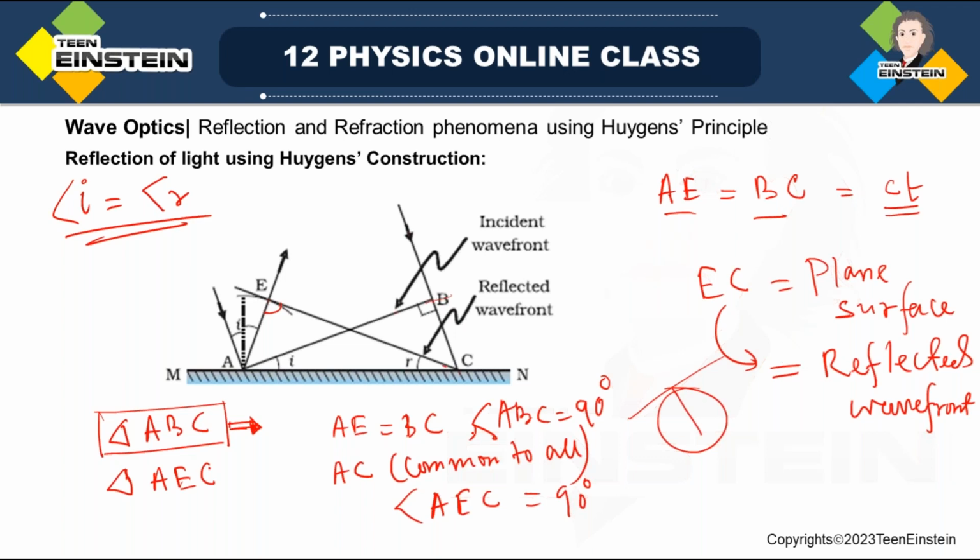All right. So we have two sides of these two triangles, and this angle and this angle are equal to each other. So we can say these two triangles ABC and AEC are similar triangles.